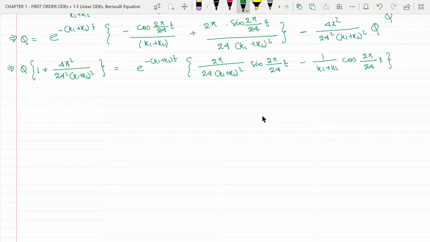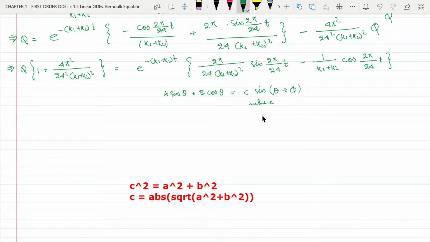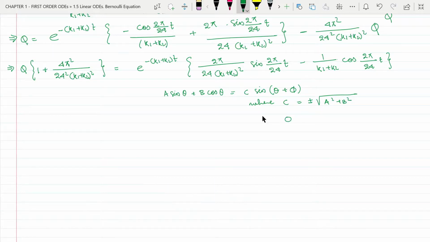Now we know the formula A sin theta plus B cos theta equal to C sin(theta plus phi), where C equal to plus or minus square root of A square plus B square and phi equal to tan inverse B by A. This formula is used where there is a sine term and a cosine term added, to convert them into a single term.